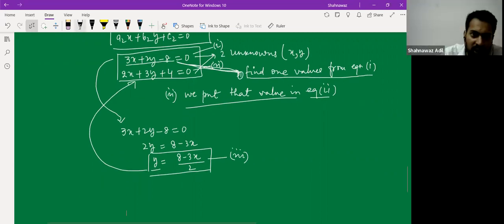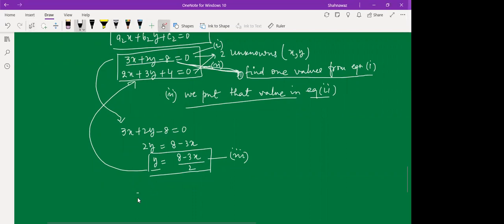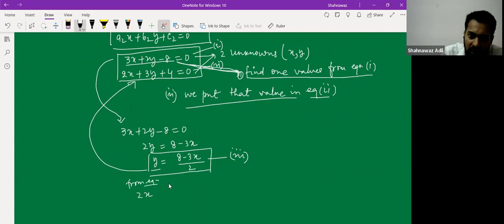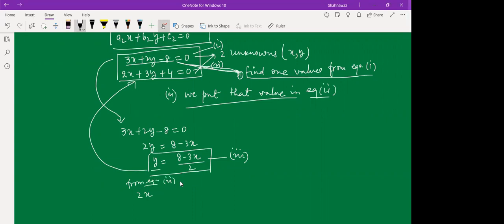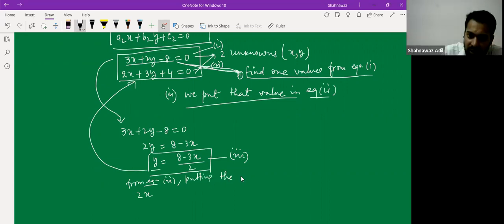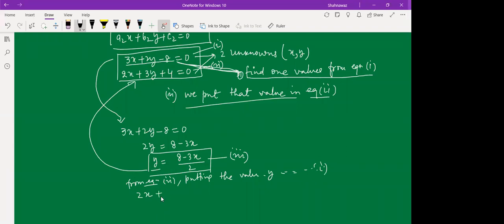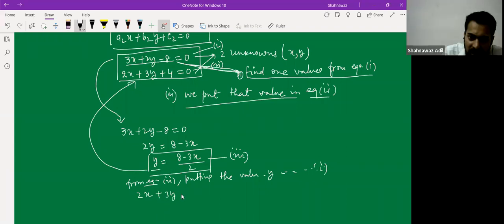So what is the other equation? 2x plus, from equation 2 and putting the value of y. Understood? Putting the value of y in equation 2. So 2x plus 3y is equal to -4, right?